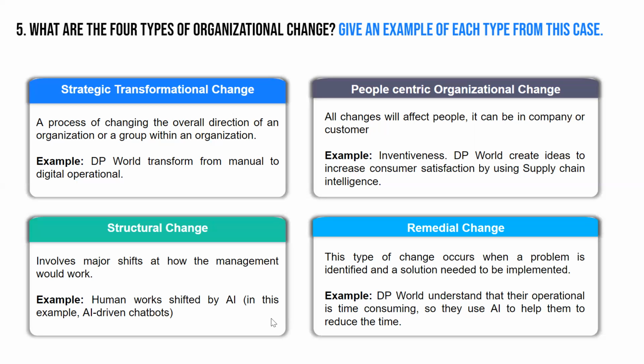Structural change means a major shift in how the management works, with the example being human work shifted to AI, such as AI-driven chatbots. And the last one is remedial change, a type of change that occurs when a problem is identified and a solution needs to be implemented. An example of remedial change is that DP World understood that their operations were time consuming, so they use AI to help them reduce the time.